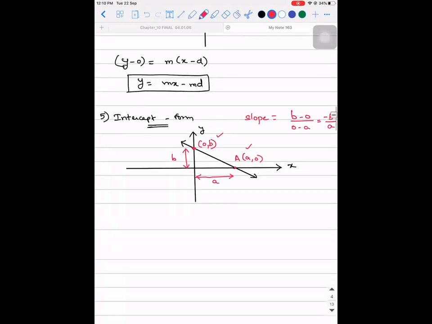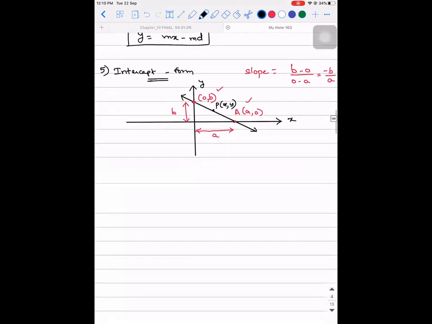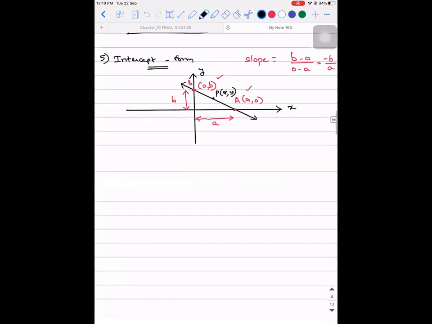Right. So for you to derive the equation, what did I say? You need to take a general point P (x, y) in such a way that A, P and B are how? Collinear. So what is the slope of AP? y minus 0 divided by x minus a. What is the slope of AB?